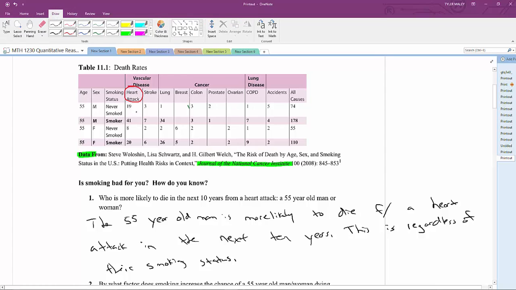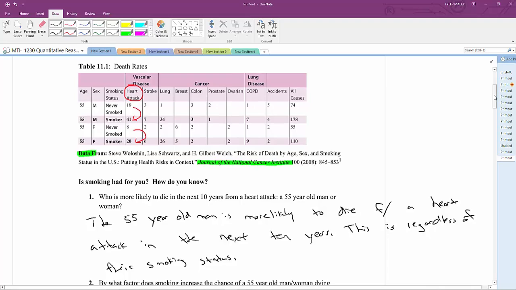Noticing that if you're a male and you smoke, your risk of heart attack increases, and same with the female. If you know someone that smokes, they are more likely to die from a heart attack than someone who doesn't smoke, based on this data, this table.